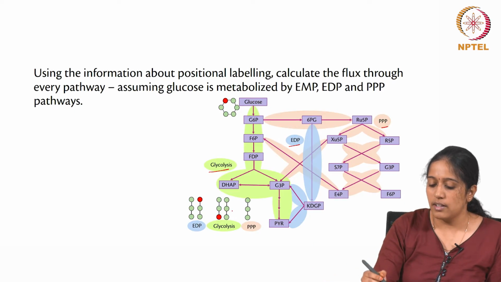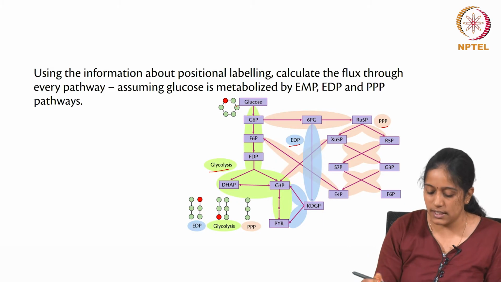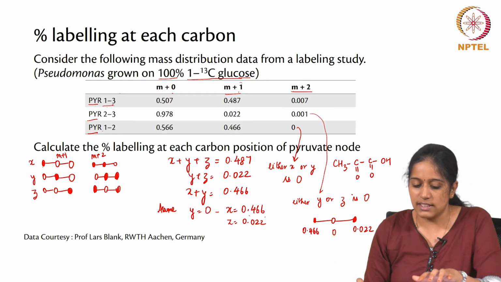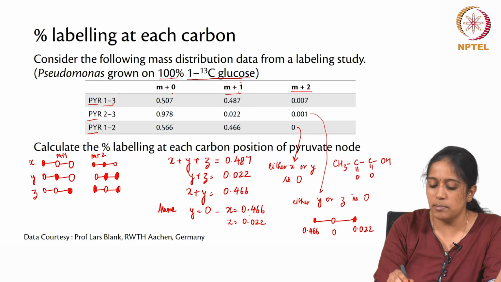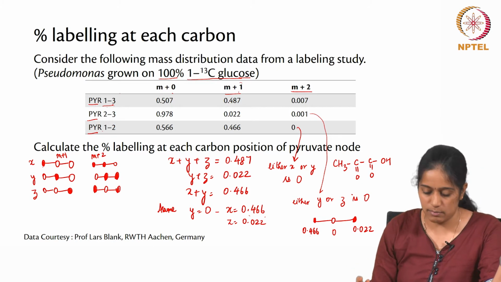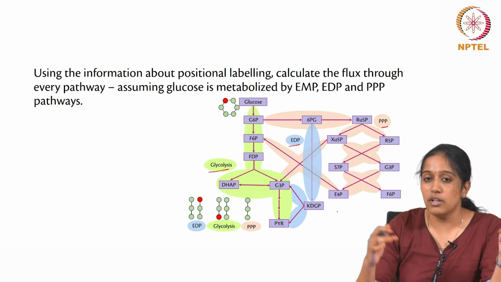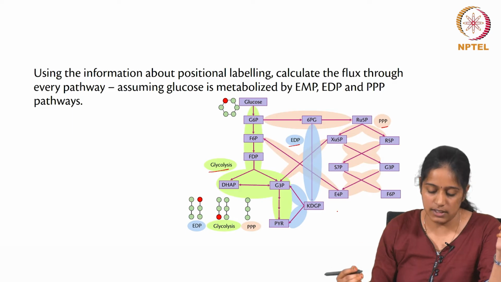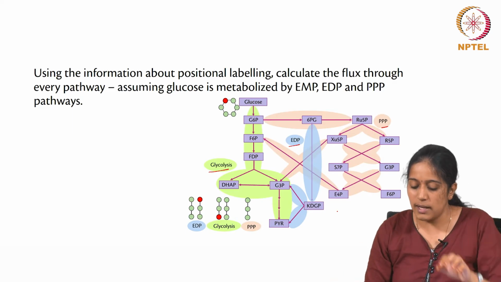If I give glucose with the first carbon labeled as my substrate, there can be different labeling patterns. In my previous example, I used 100% C13 labeled at the first position as my source. So, if I want to resolve from which pathway these labelings have come, I go back to this labeling.